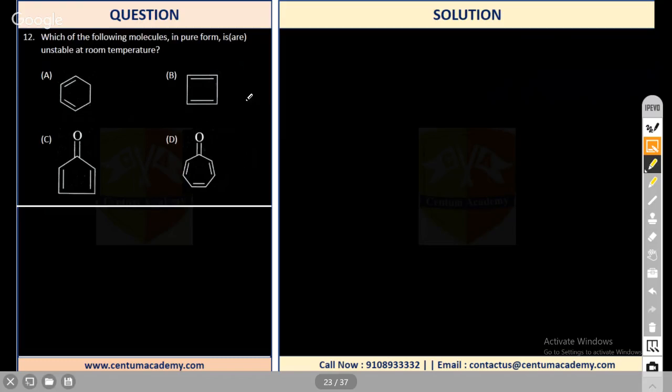23rd. Which of the following molecules in pure form is unstable at room temperature?